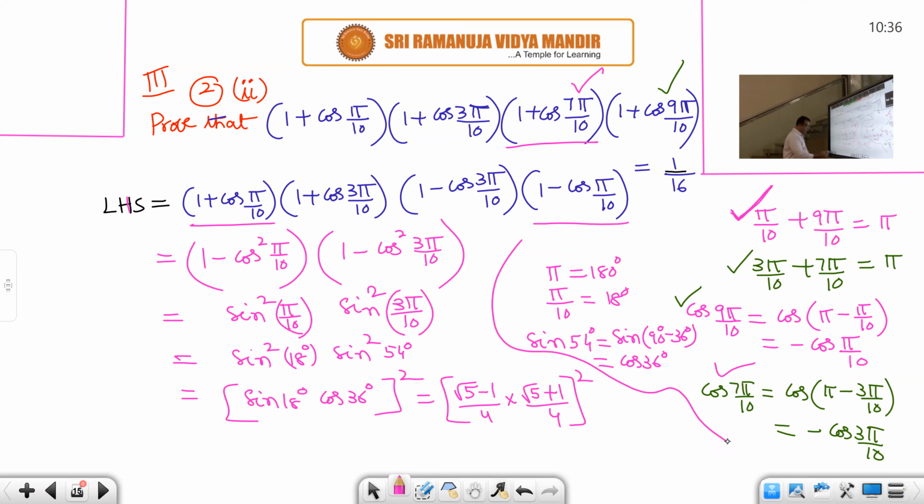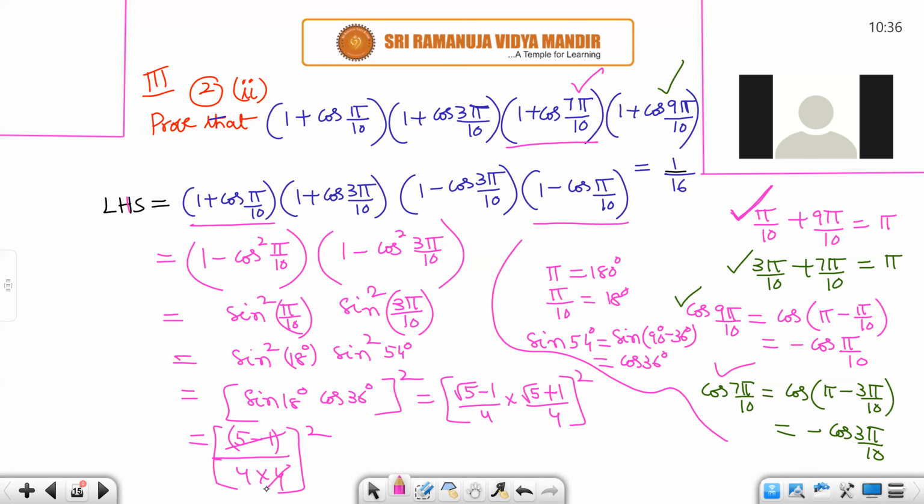Now in the bracket, numerator root 5 minus 1 into root 5 plus 1. It is nothing but root 5 whole square, 5, minus 1 square, 1, by 4 into 4, 16, whole square. The 4 gets cancelled. That is why I have not written it as 16, so that I can cancel out.